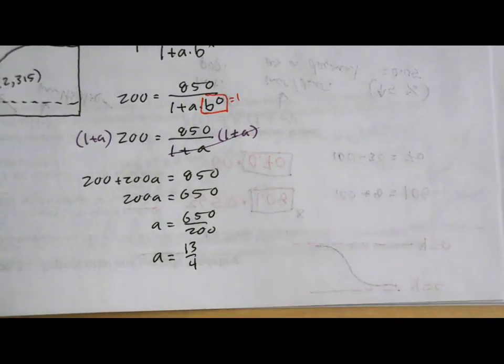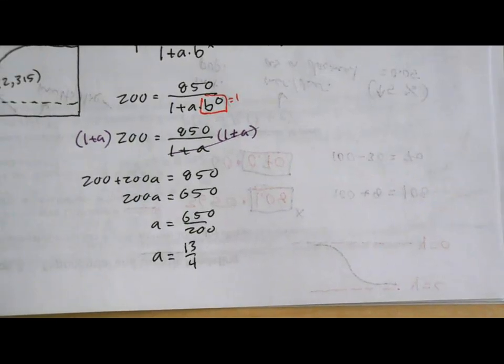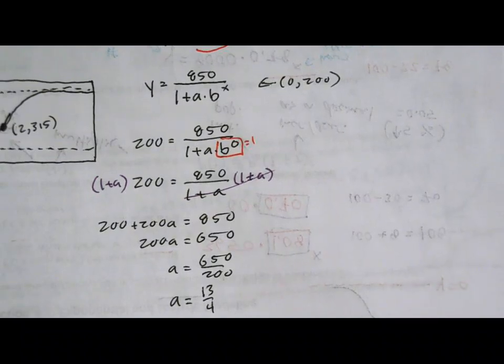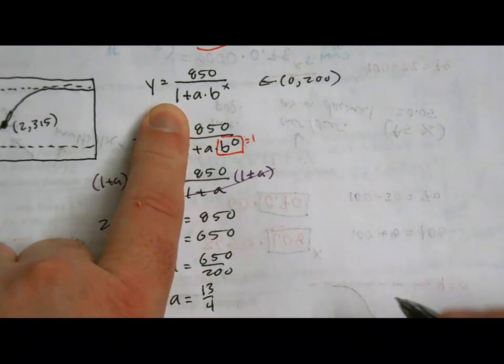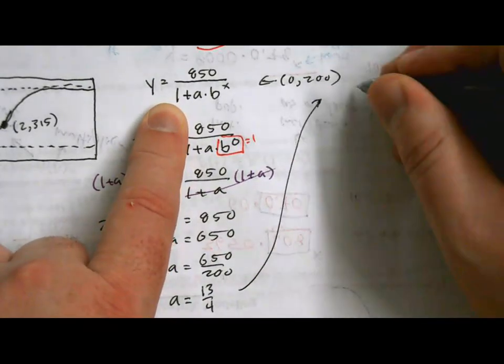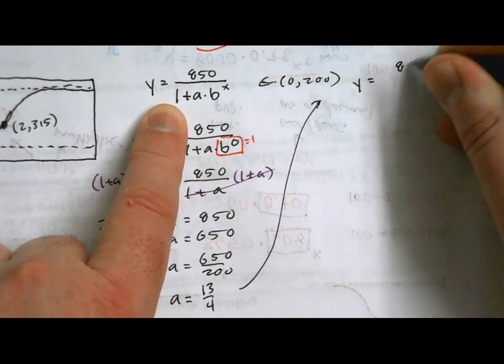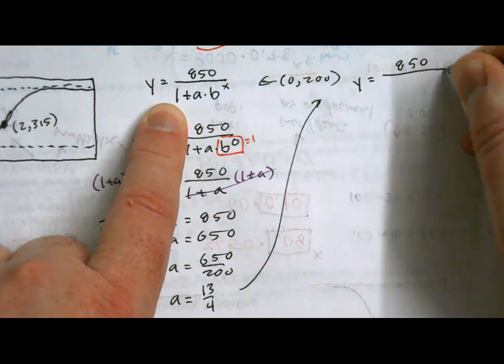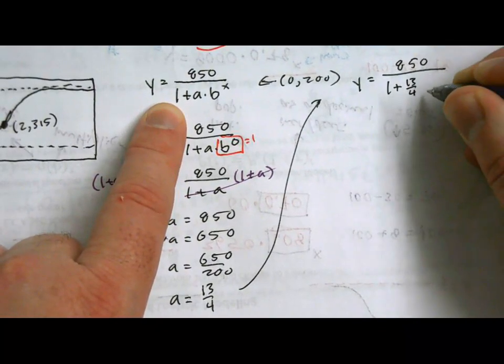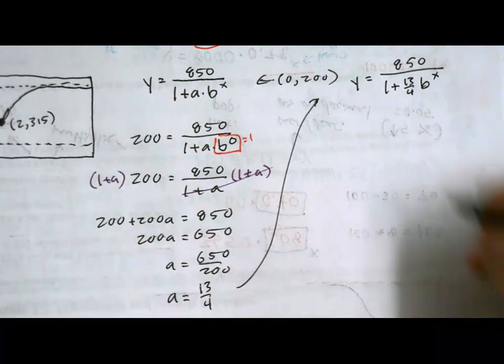So great. That is so cool. So now I'm going to go back to here and rewrite this. I've got y equals 850 over 1 plus 13 over 4 times b to the x.